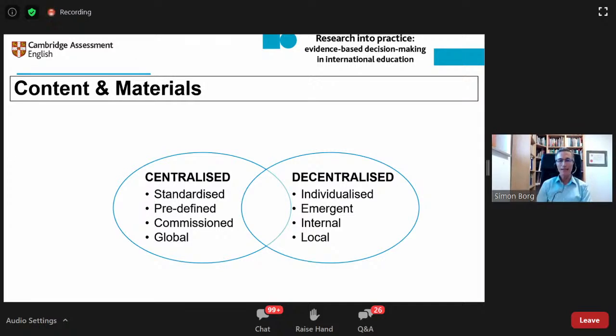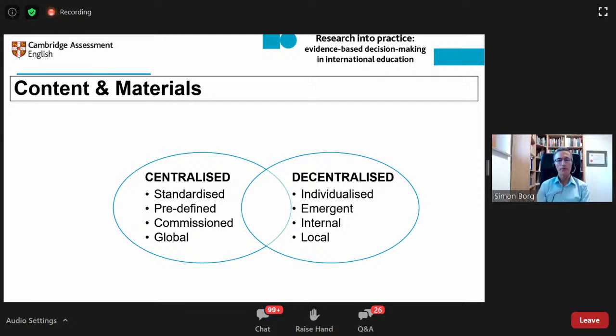And the materials have a very local focus. They're very closely linked or aligned to the curricula teachers work with, for example, to what teachers are doing in the classroom. And again, as I said, many programs will blend elements of these. Some of the programs I've worked on recently, for example, start with a standardized package of content.